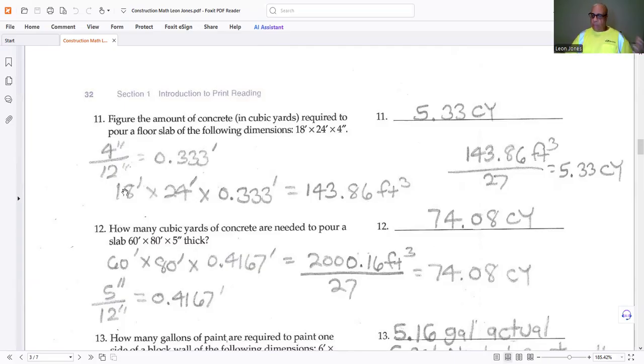Now, they're asking for cubic yards, so you have to know the conversion factor going from cubic feet to cubic yards. It's 27. 27 cubic feet is 1 cubic yard. So basically all I did is I took 143.86 cubic feet, divided it by 27, and I got 5.33 cubic yards.